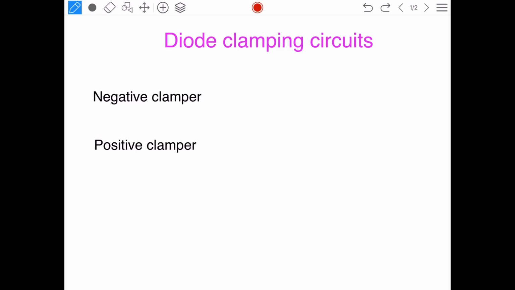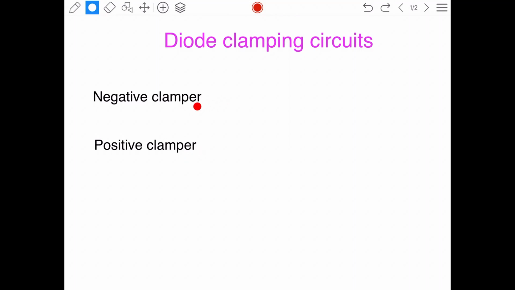I repeat, it is used to add DC levels to AC signals. We can also call clampers DC converters, DC inserters or DC restorers. So in our curriculum, we are basically talking about the negative clamper and the positive clamper.